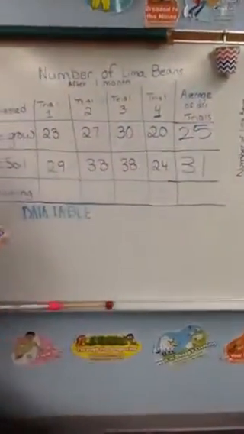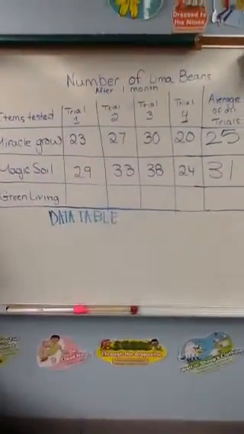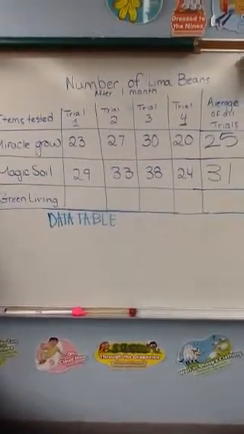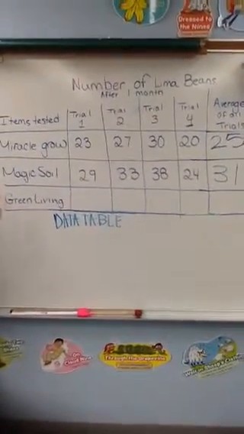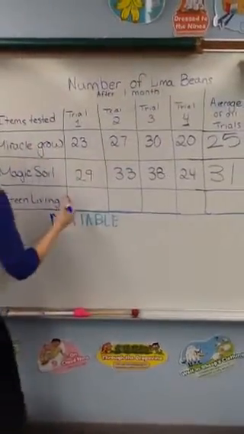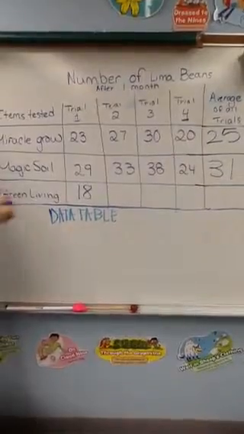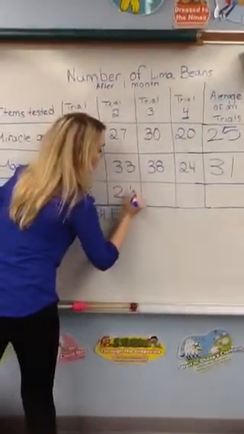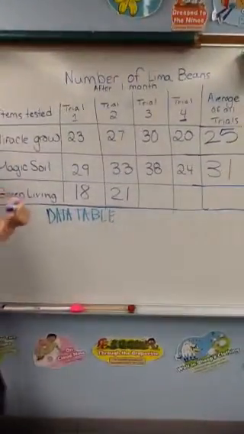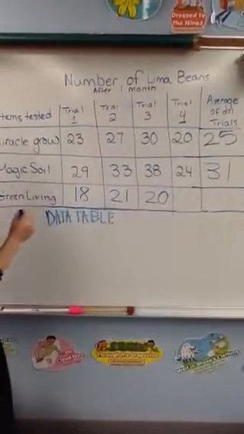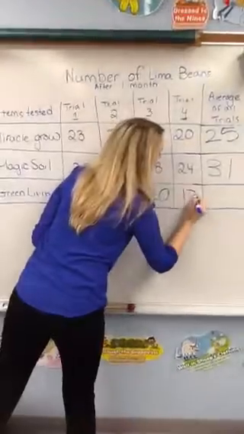So now I'm going to show you how to fill in the Green Living portion, just to make sure that this information is crystal clear for you and your child. So during the first trial, we got 18. During the second trial, we got 21. For the next one, we got 20 for number 3, and for trial 4, we got a total of 13.